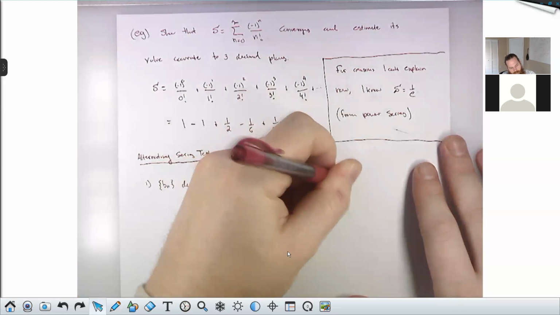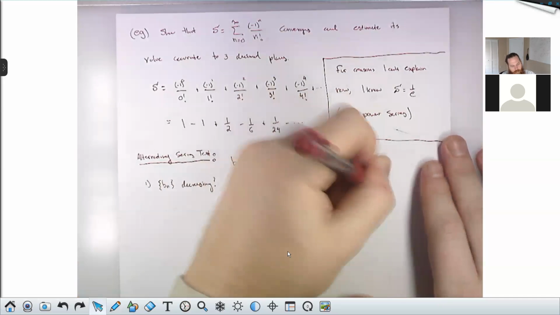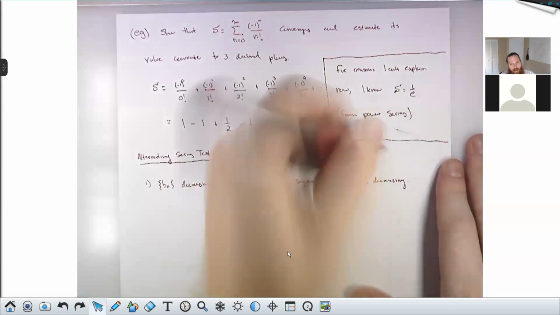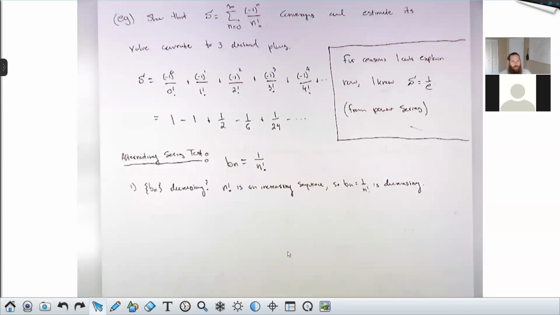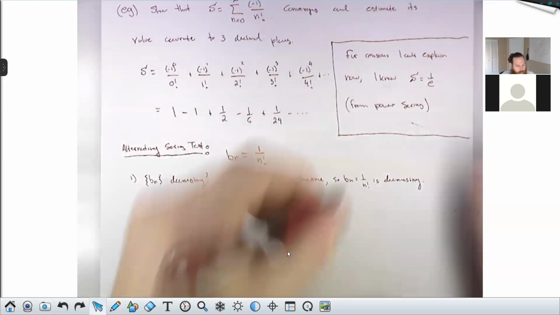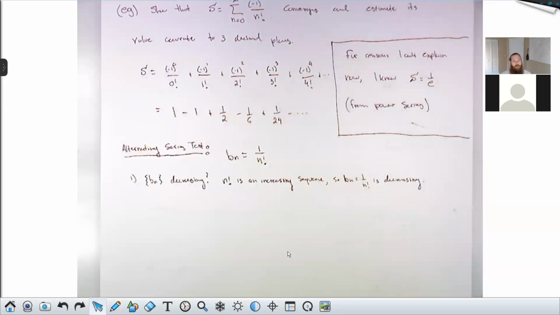So b_n, which is its reciprocal, is decreasing. This is not a case where you could work with the derivative, because the derivative of the factorial function you don't know. In fact, it's fairly complicated. It requires work with something called the gamma function to even talk about differentiating the factorial. So here, differentiating isn't really an option.